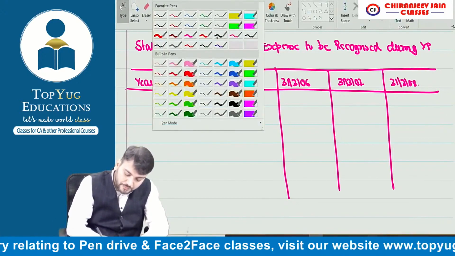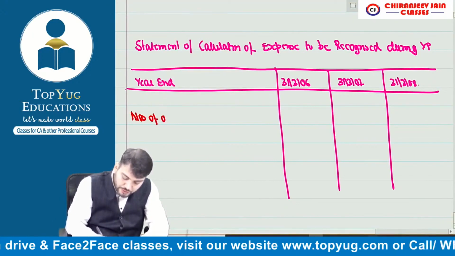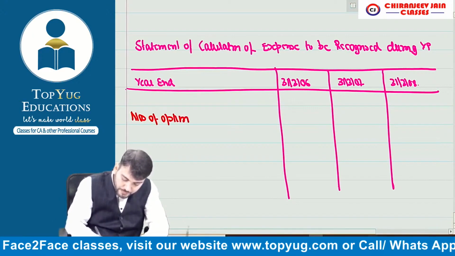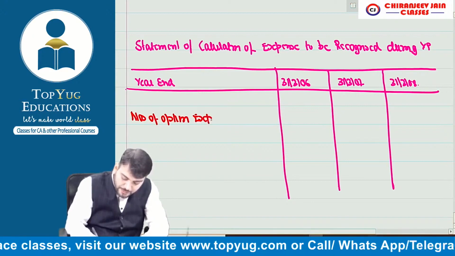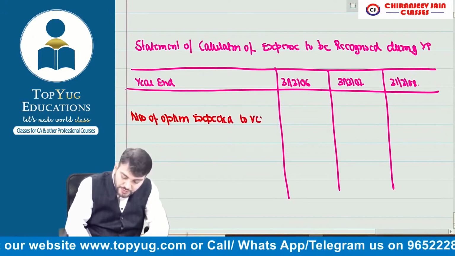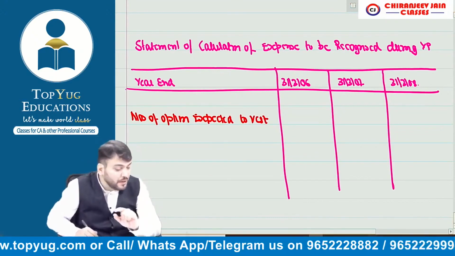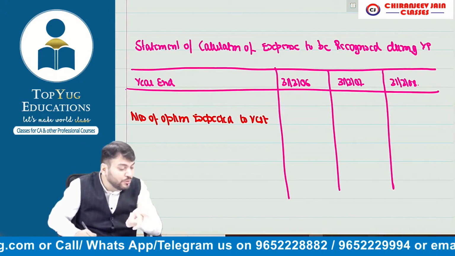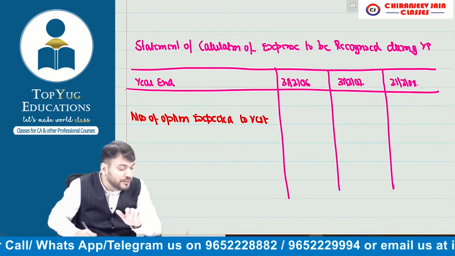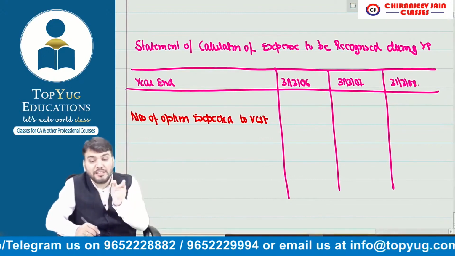Correct. Number of options expected to vest. So what they have said at year end one, how many options are going to cancel or lapse? It is 5,000. So total number of options was 1,000 employees into 100.